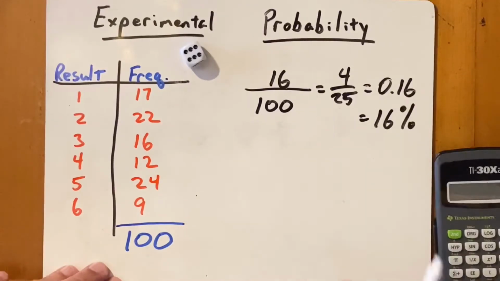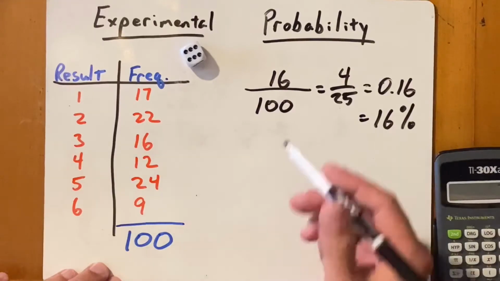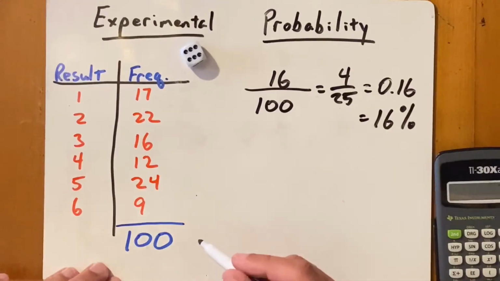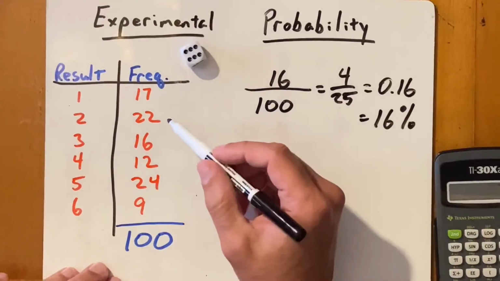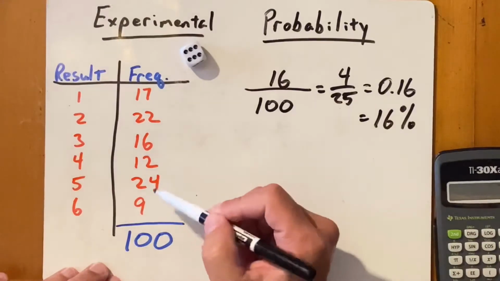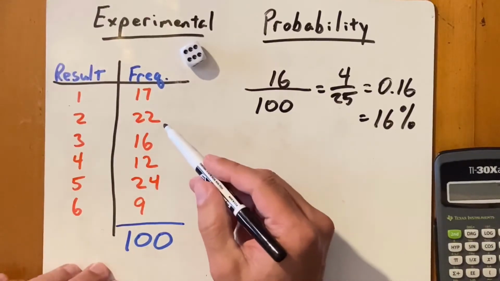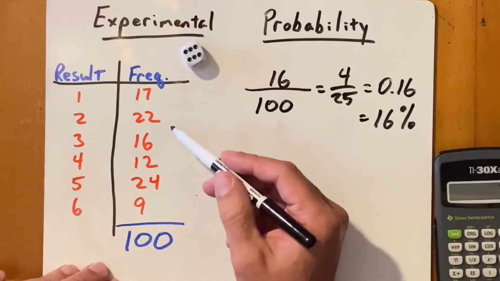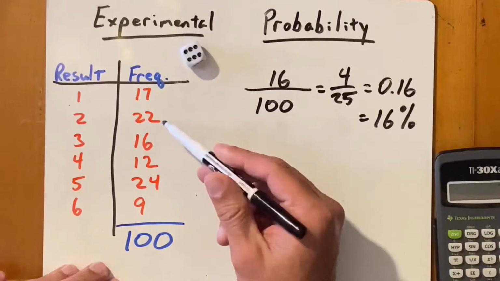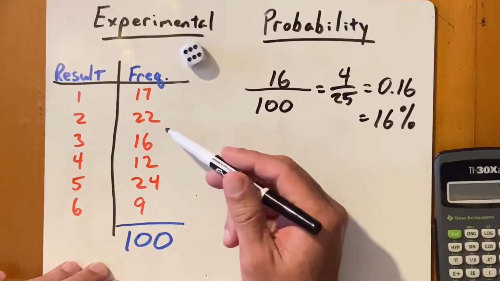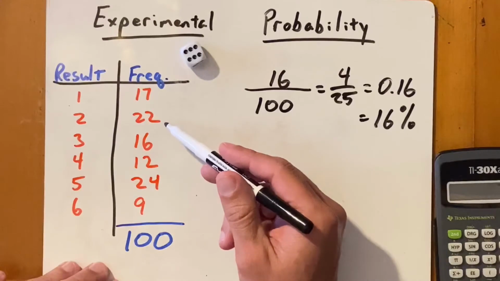We can also do other things as well. Let's say we wanted to know the probability an even number comes up based on this data. We need to take a look at the 3 even numbers, so 2, 4, and 6. We want the frequency, which is the total number of times any of those 3 come up. So anytime I roll it, how many times did an even number come up?